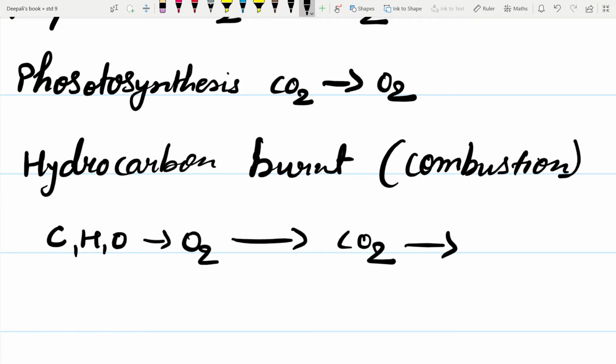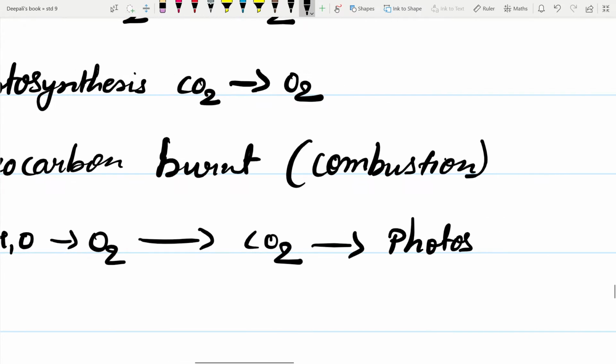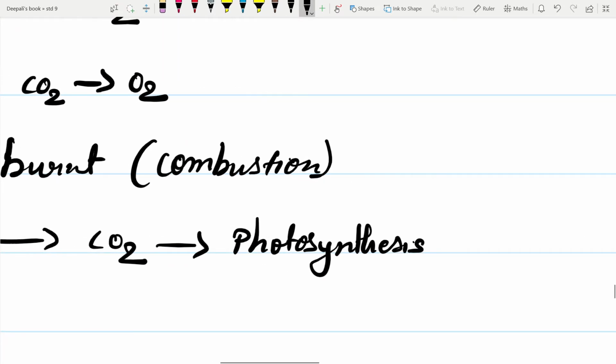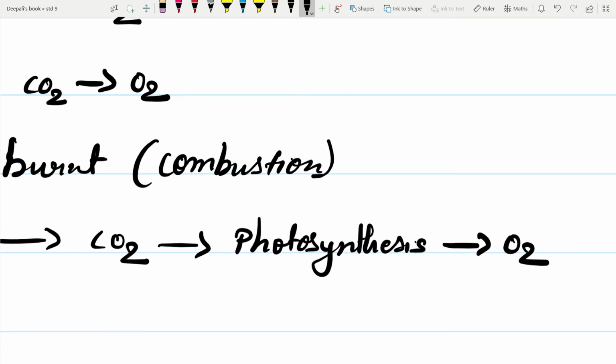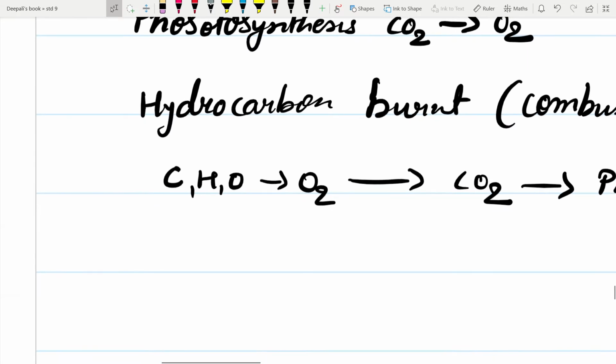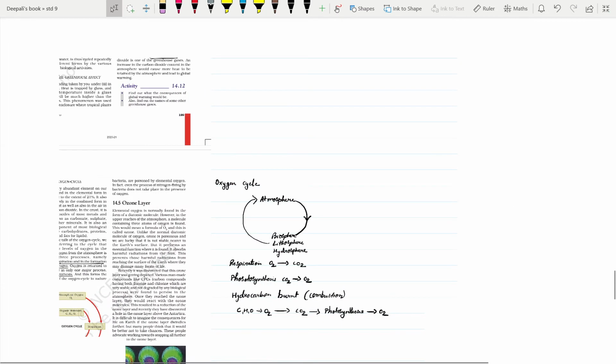This CO2 is taken again by the process of photosynthesis, which gives back O2. That is one more pathway of the cycle. This is how oxygen enters into the various spheres and returns back to the atmosphere. This is what is the oxygen cycle.